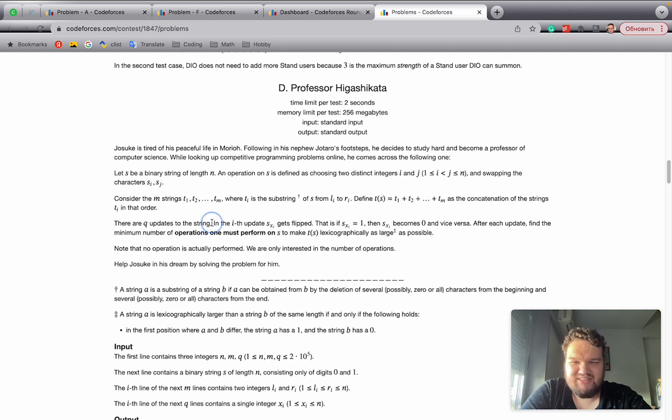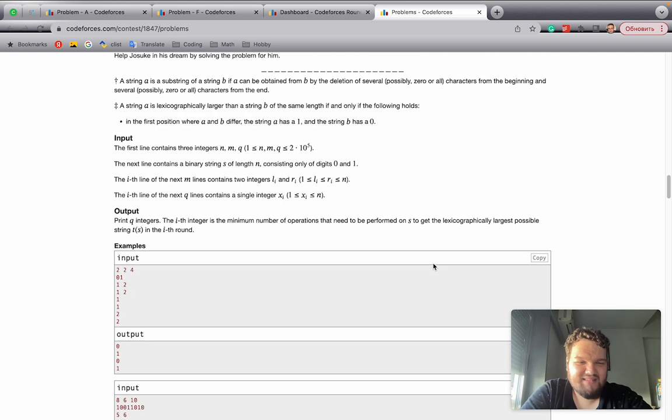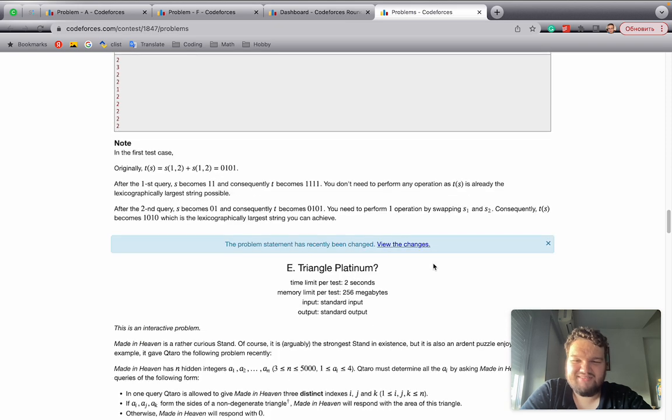Like, the updates, basically everything is done in string S, and T only exists to add this another half of the problem. It's not very unnatural, but also not very great.